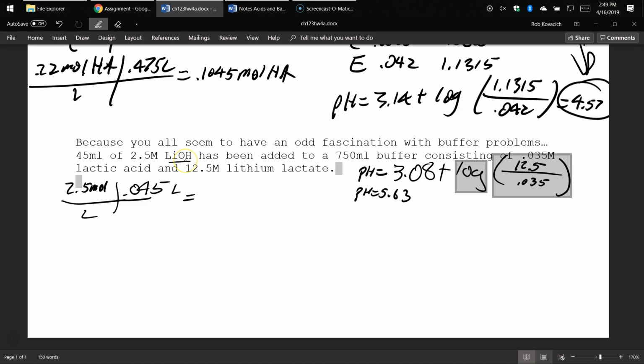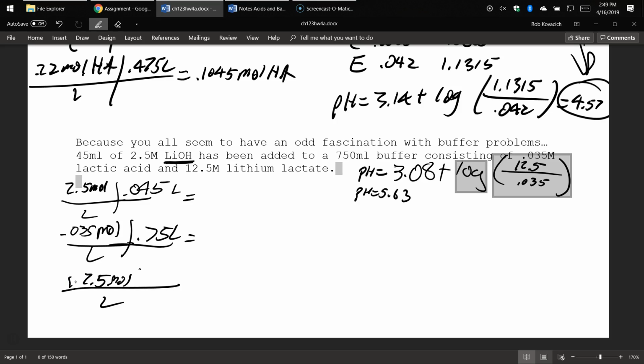I was starting off with the lithium hydroxide, and then 0.035 moles per liter, and it looks like 0.75 liters, and then 12.5 moles per liter and 0.75 liters. All right, so 2.5 times 0.045 and 0.035 times 0.75 and 12.5 times 0.75.